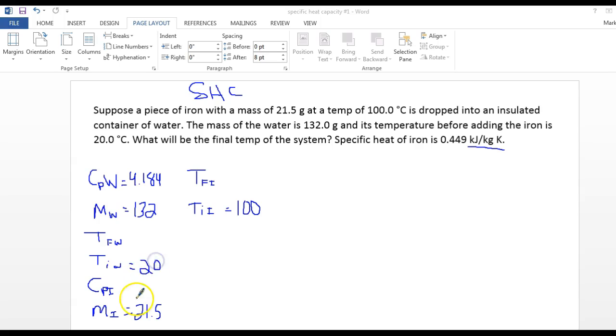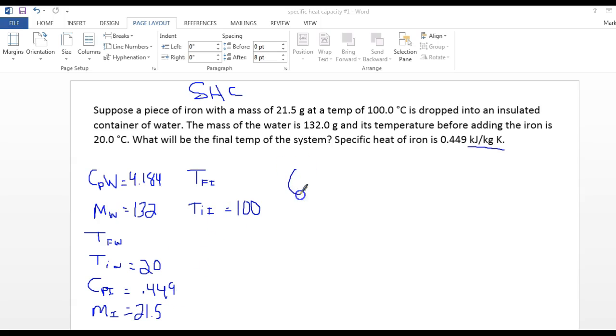And it even gives a specific heat capacity of iron at 0.449. So then the only thing we don't have is the final temperature of the water and the final temperature of the iron. You might say it's two different things we don't know, but really it's the same, because we're going to put the iron in the water and their temperature is going to reach equilibrium.